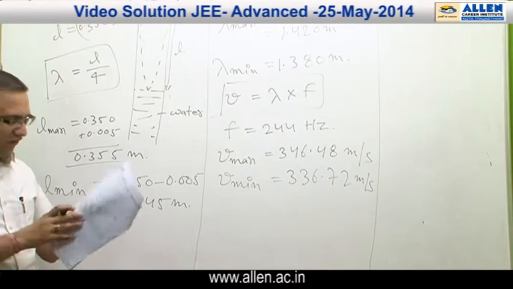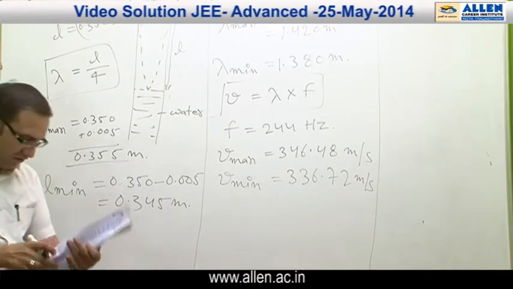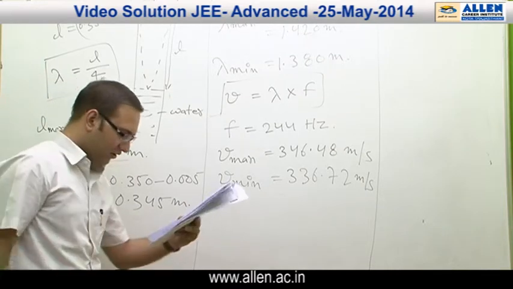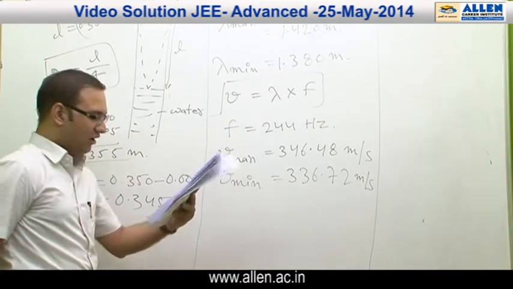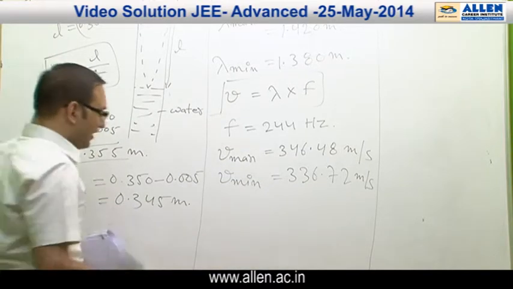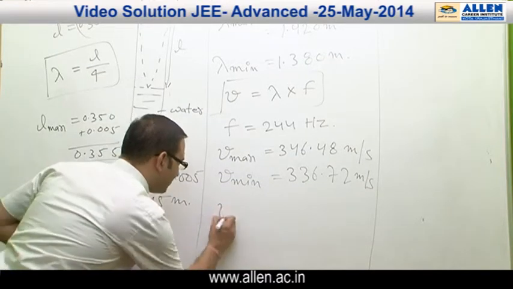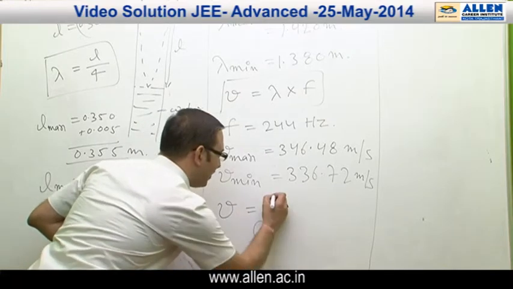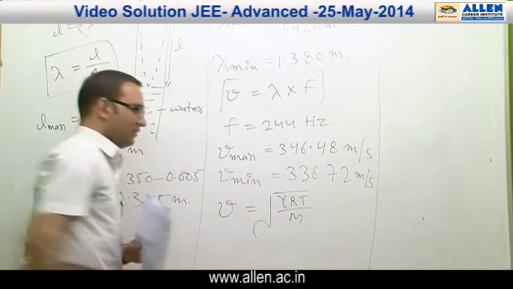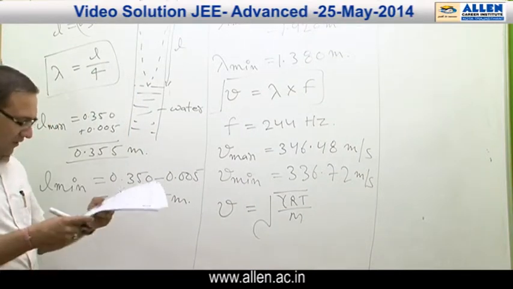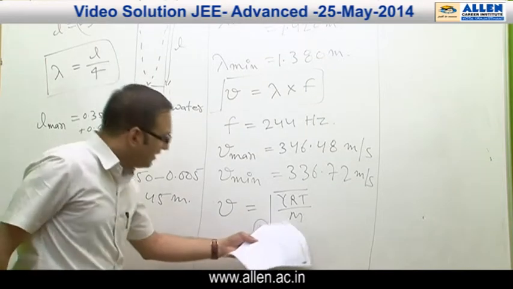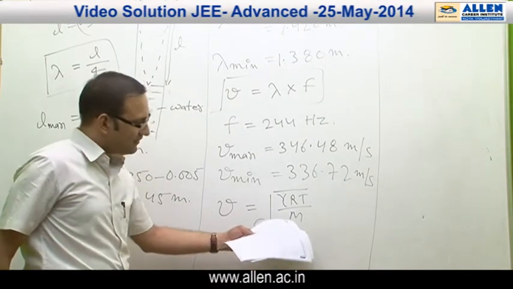Now we have 4 choices. One choice is neon gas, another is nitrogen, the third is oxygen, and the fourth is argon. Now we have to see what could be the gas. In a gas, the speed of sound is given by V equal to under root gamma RT by M. But here the mass is given in gram, and in this formula mass is in kg.